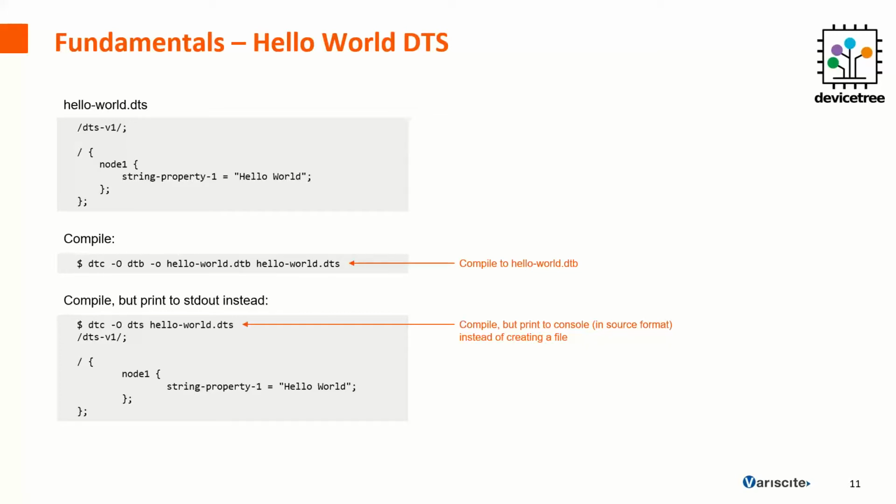For the rest of the presentation, we can also compile it to a .dts file and print the output to the console in source format, which will be helpful for us to demonstrate the device tree syntax and inclusion principles in the next slides. In this example, since it's such a simple hello world file, we can see that the compiled output simply matches the input.